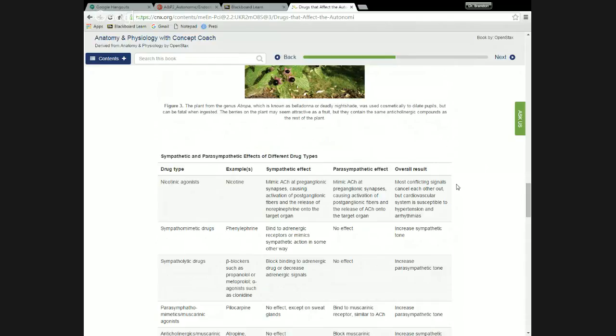So the anticholinergic is the same as the sympathomimetic, or it's similar? In the end, it'll have similar effects, but a sympathomimetic drug and an anticholinergic drug operate in different exact ways. A sympathomimetic drug will increase this activity, and an anticholinergic will block that.